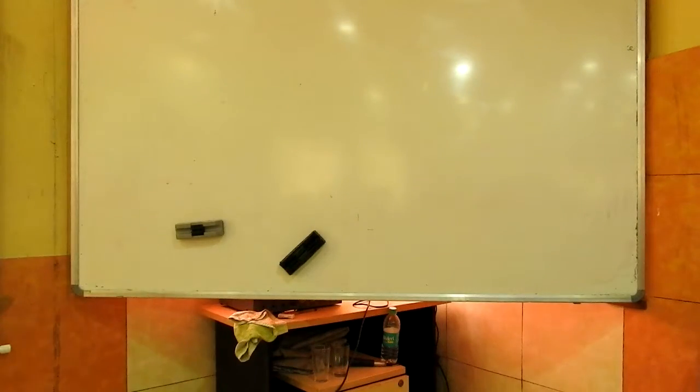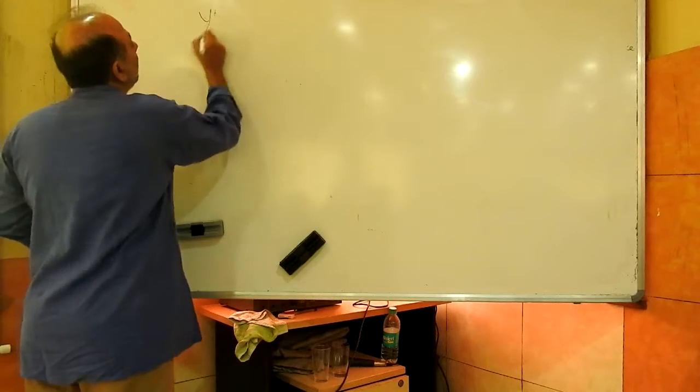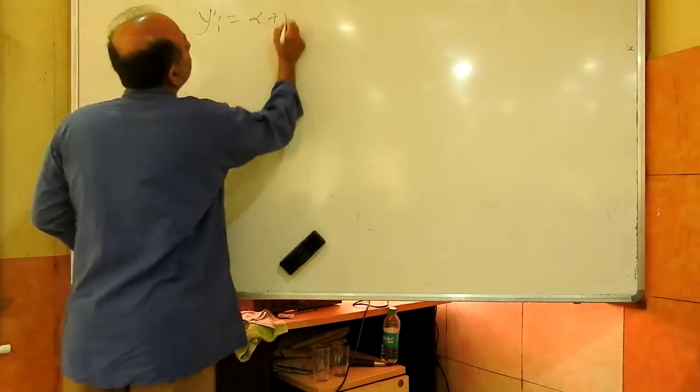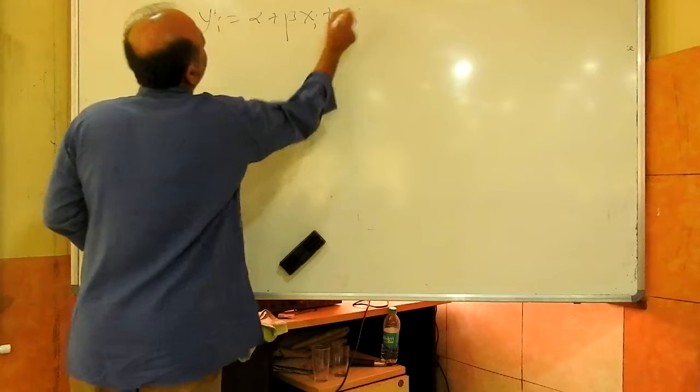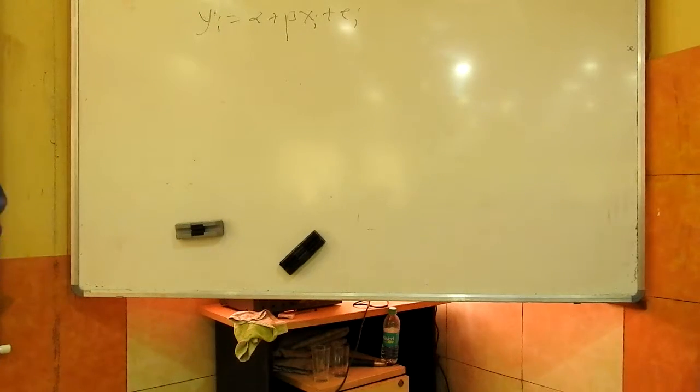Okay. Now, that brings us to an important point in our regression model. Essentially, the idea was yi is equal to alpha plus beta xi plus ei. Right?